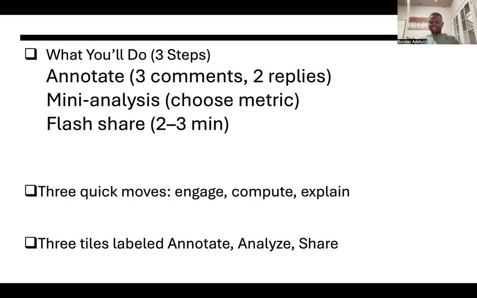The third step is a flash share. In two to three minutes, show your metric and one slide or cell that supports your decision. Tell us which metric you chose and why it fits an imbalanced outcome. Just share this and let's see what you have so that we learn from each other.